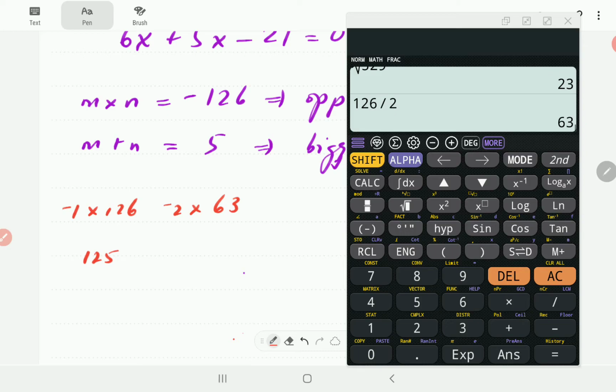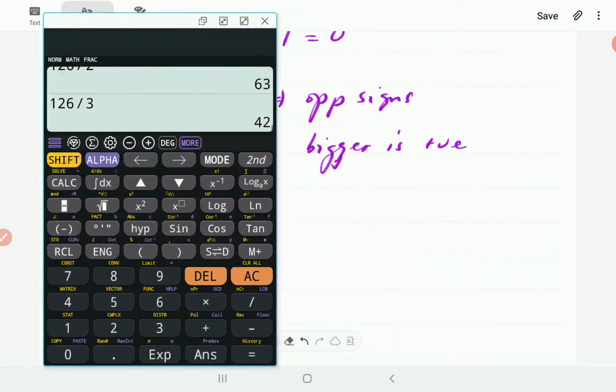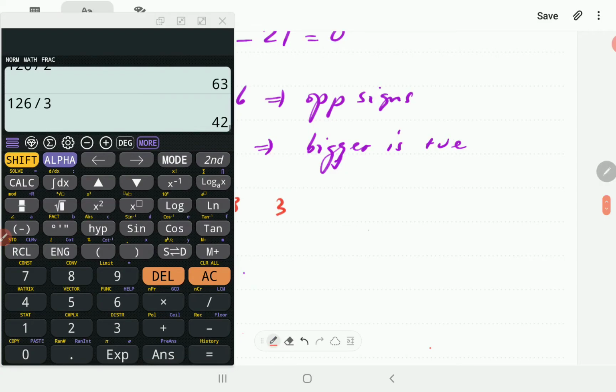This one is negative, so that's going to be 61 there. Then 3 goes into 126 42 times. So we're going to have 3 and 42, negative 3. So this is going to be 39 here.